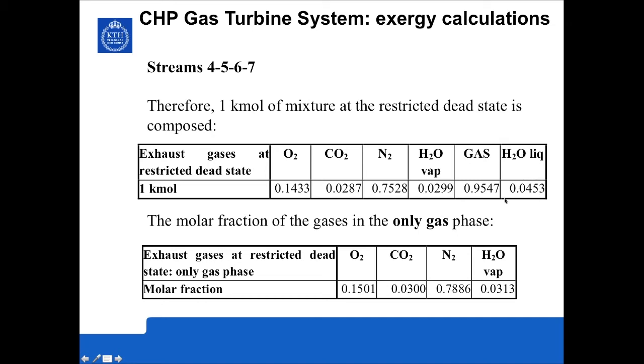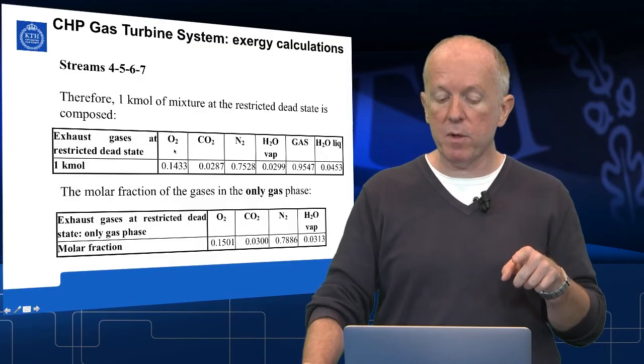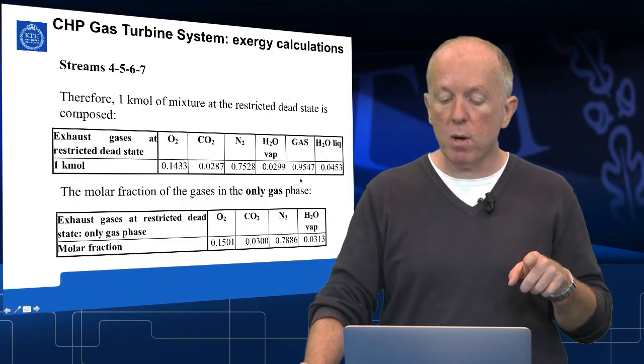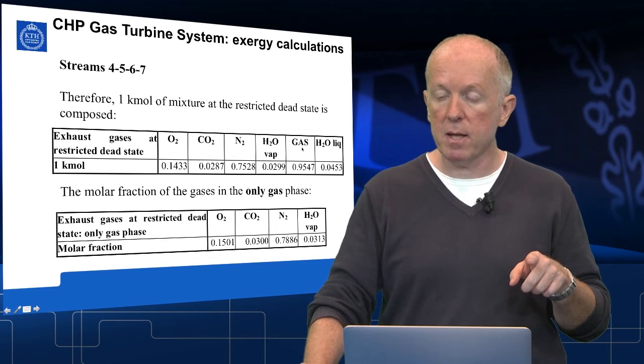Okay, so consider now the not condensed gas. In order to calculate the molar fraction of this stream of not condensed gas, you have to normalize the molar fraction of all the 4 components towards the value of the not condensed gas.